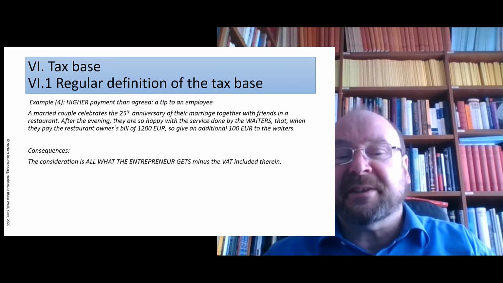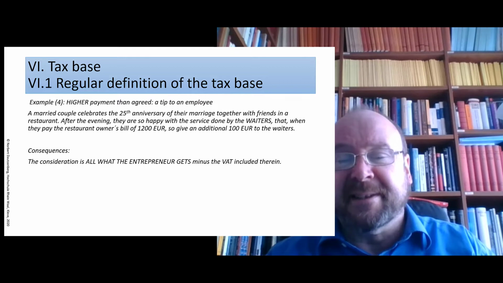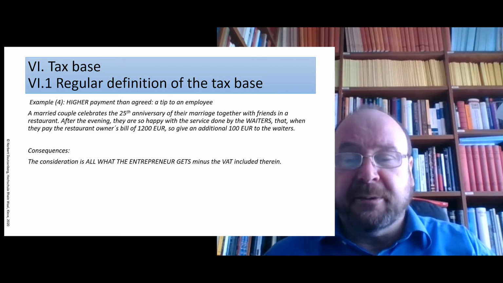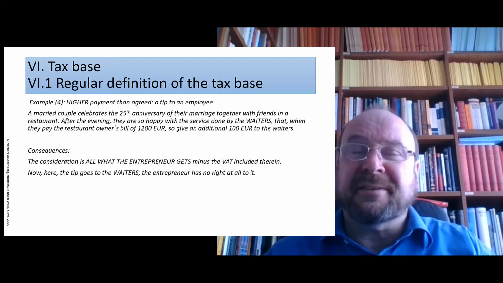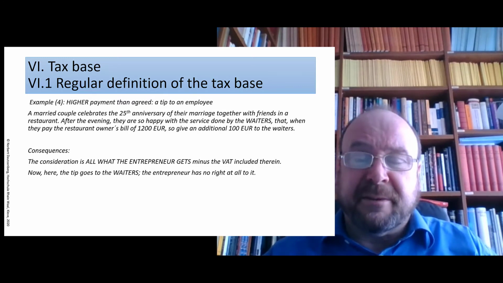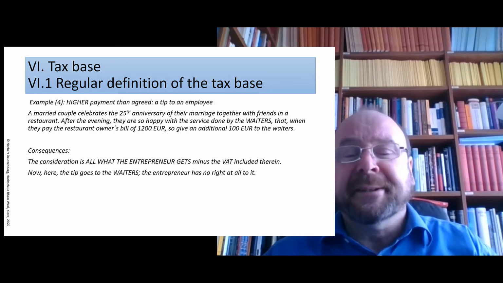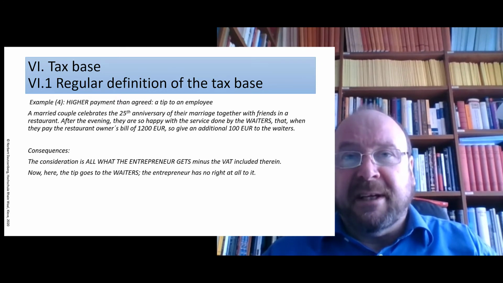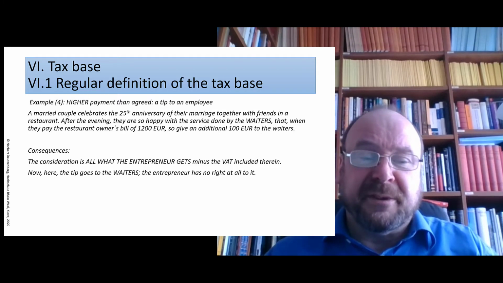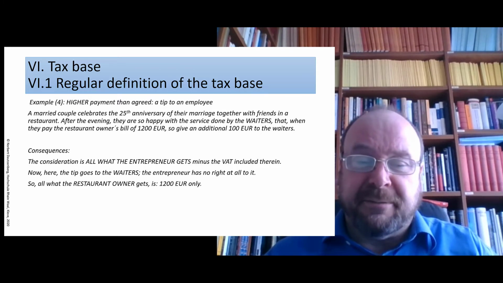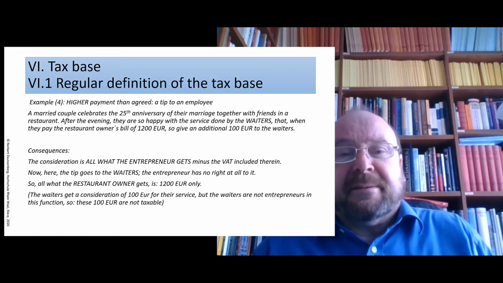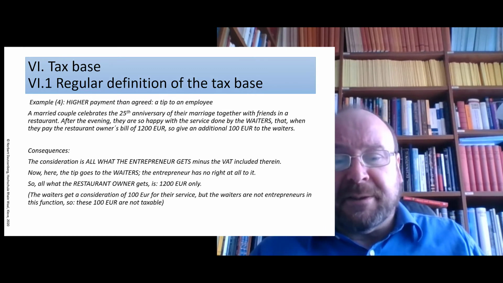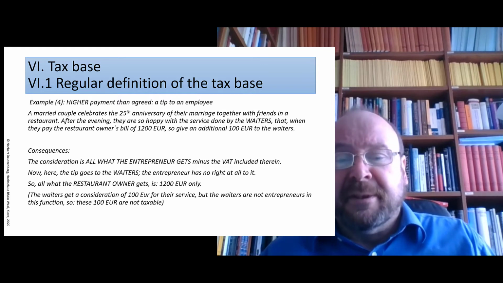The consideration is all what the enterprise owner gets, minus the VAT included therein, and now we see the restaurant owner gets 1200 and the tip never goes to the restaurant owner. The tip goes to the waiters from the beginning onwards. So the entrepreneur never has a right to that 100 euro, so all the entrepreneur gets is 1200 only. The waiters get 100 for their good service.